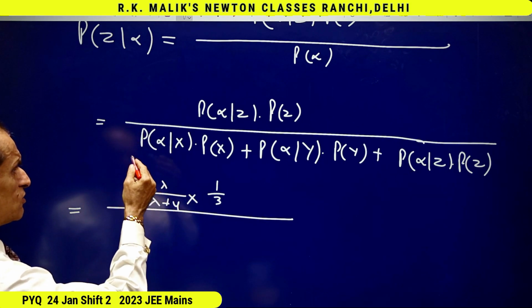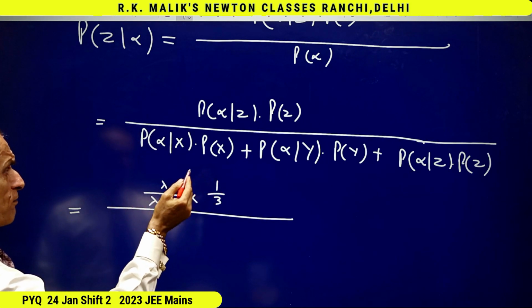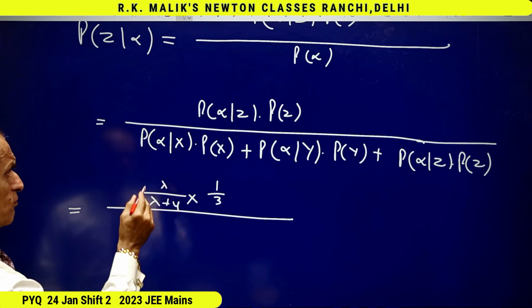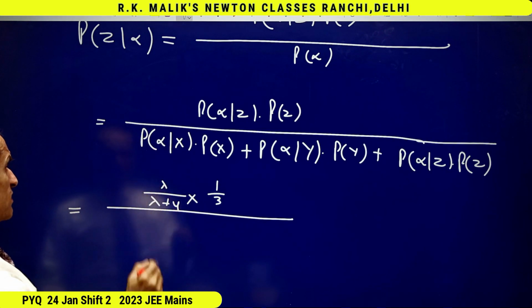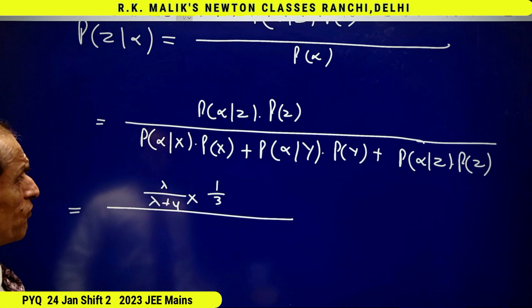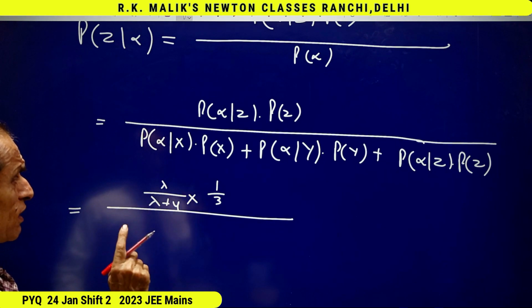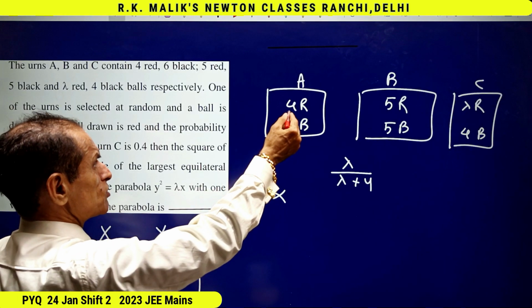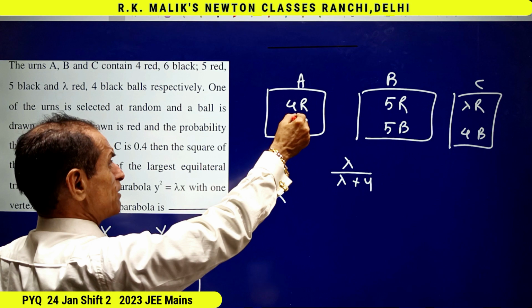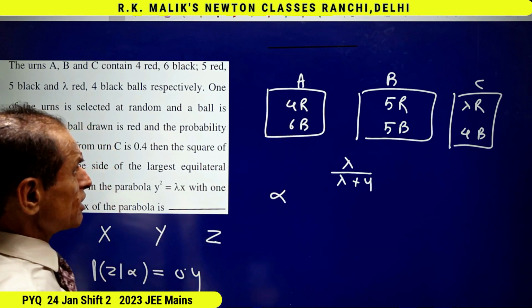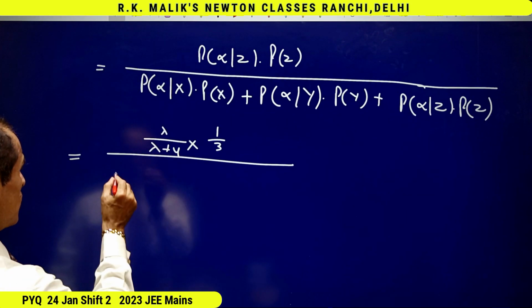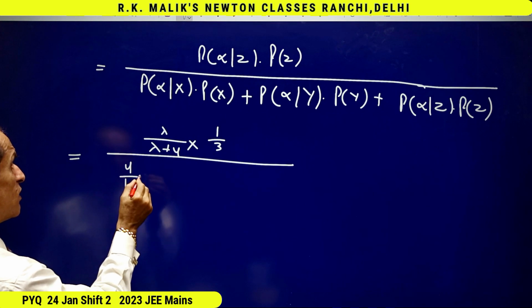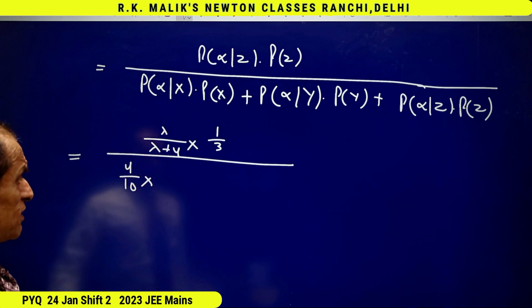And using the similar notation, probability of alpha when X has already happened means what is the probability that the selected ball is red when we know that we have selected the urn A. Probability of selecting the red ball from this urn will clearly be 4/10, into probability of X.